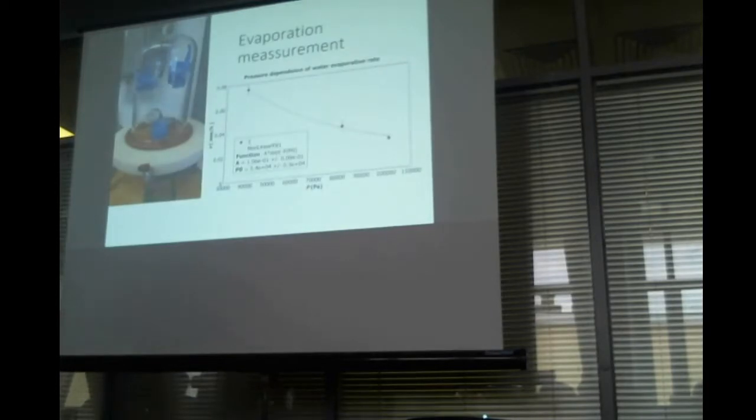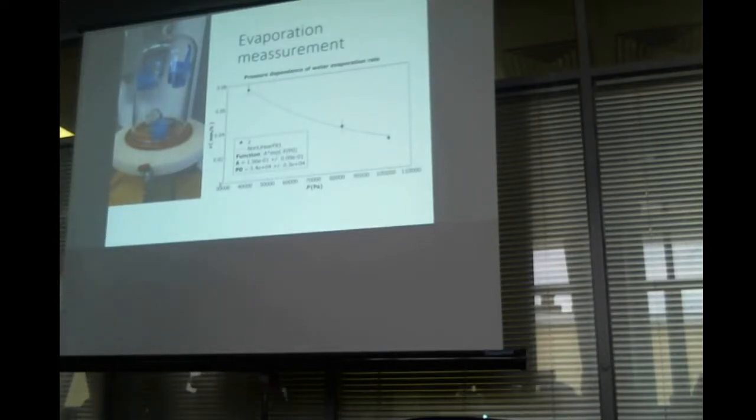So we measured that. We measured the evaporation of water in dependence on outside pressure, and we used silica gel to keep the water vapor pressure at a known constant value. We found out how sublimation is affected by the outside pressure.